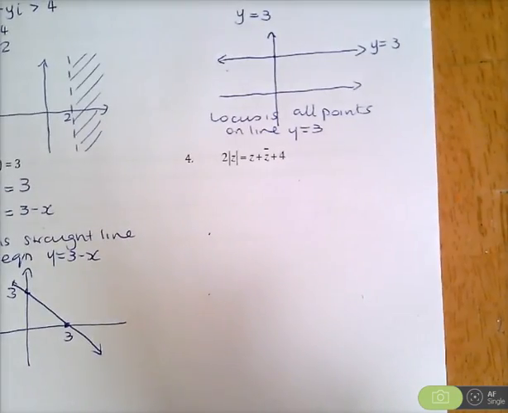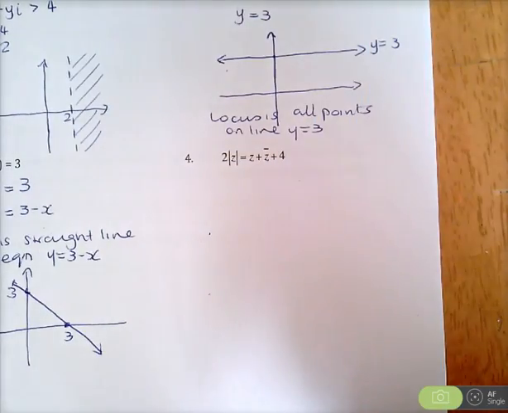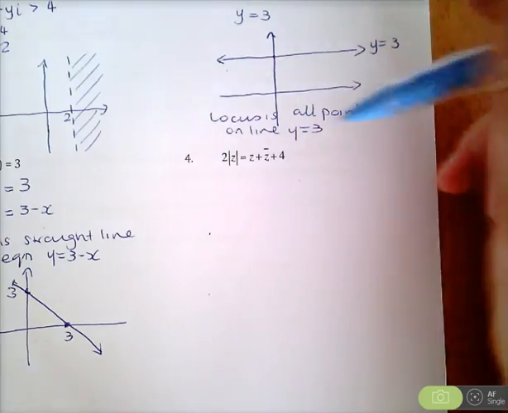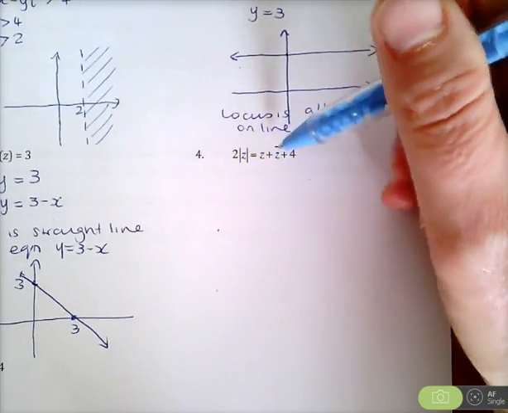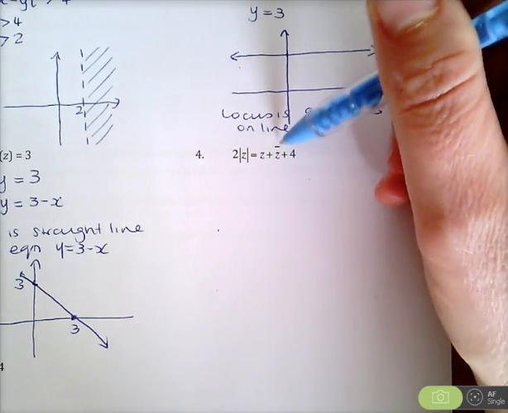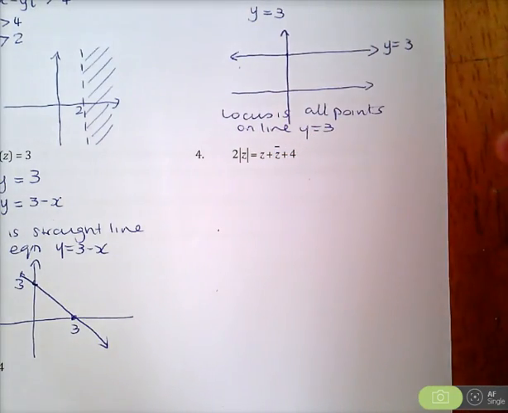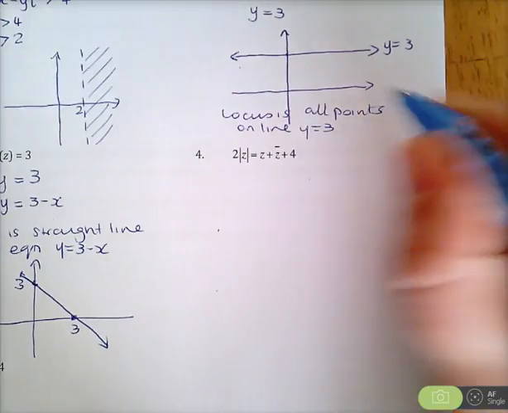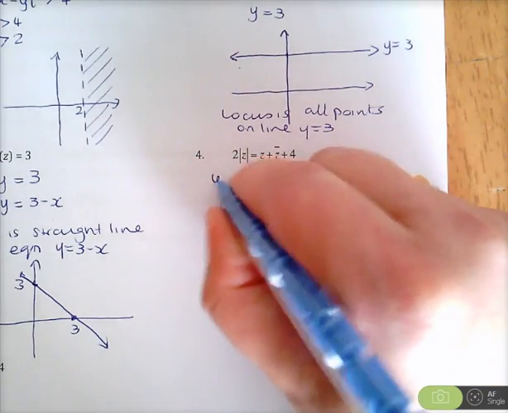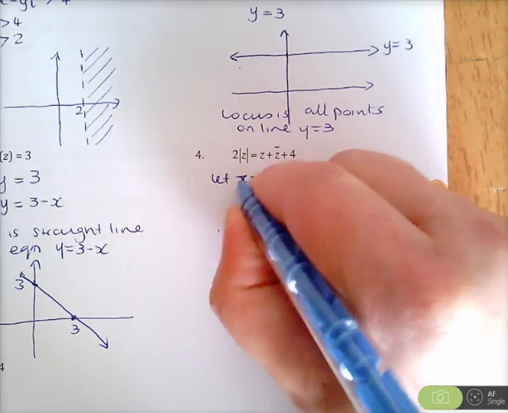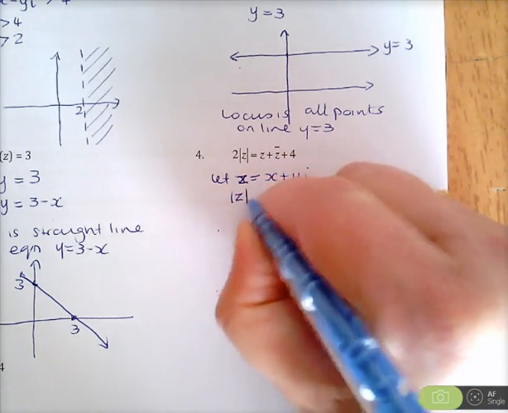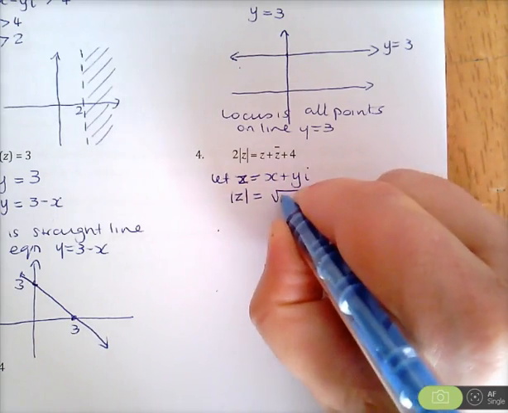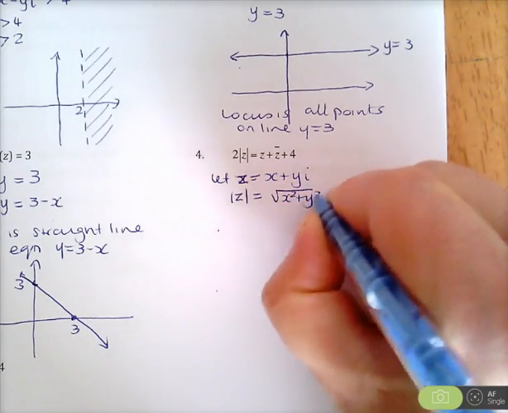Now in the next one, we need to do a little bit of working out here. We've got 2 times the modulus of z is equal to z plus the conjugate of z, or z bar, plus 4. Now, we're going to, of course, let z equal x plus yi, and the definition for the modulus of z is the square root of x squared plus y squared.